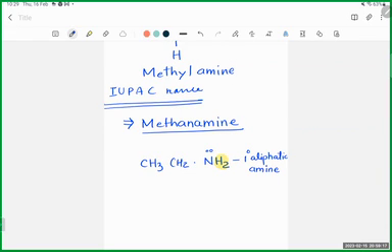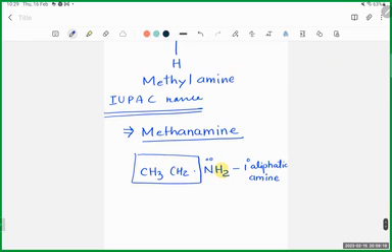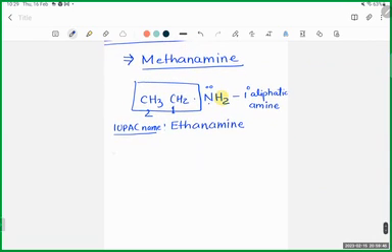Now, how many alkyl carbons are there? Total 1, 2. Why did I start from this side? Because nitrogen is nearest to this carbon, so this carbon is considered 1 and then 2. Since there are 2 carbons, we can call it ethane. E will be dropped and amine will be added. Hridaya, are you clear? Yes, ma'am. Okay. Next one you try by yourself.